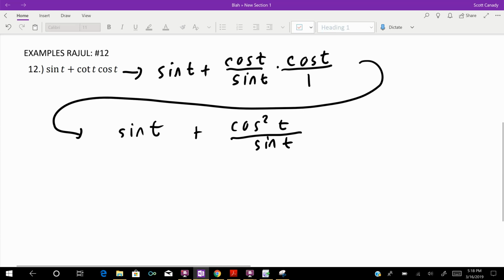Now whenever we've got fractions, we want to simplify the fractions into a single fraction. So this is sine of t over 1, and this is cosine squared t over sine of t. And so what we want to do is get a common denominator. And it looks like we need to take this and multiply it by sine of t over sine of t in order to do that. So let's do that now.